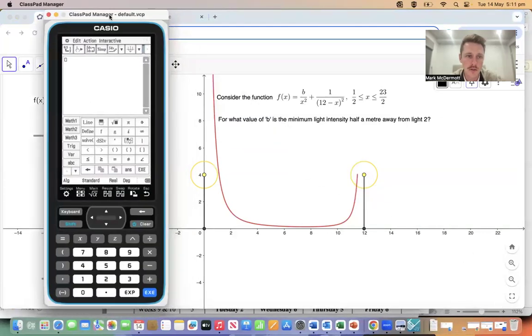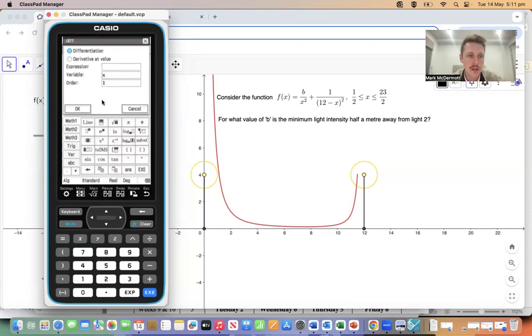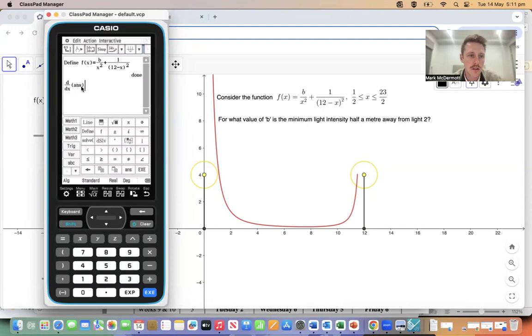If we get our calculator up for a second, what we can do is define the function. So b on x squared plus 1 on 12 minus x all squared. Okay, we won't worry about the domain for now, but we are going to define that, and let's call it f of x. Now we're going to do a calculation diff. I just press OK for now.